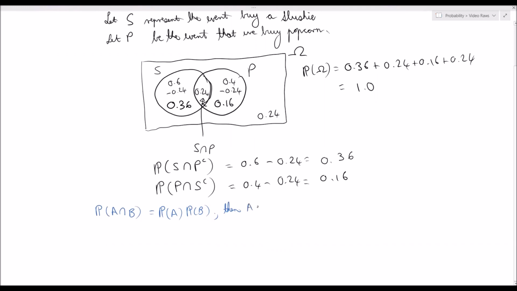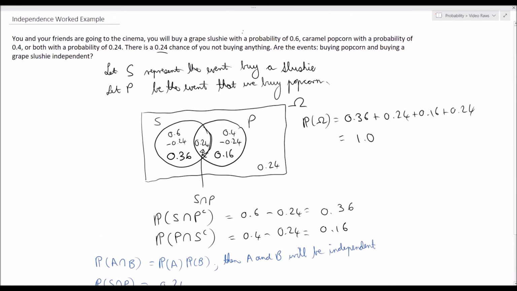Then A and B will be independent. So in our case, we have the event S and the event P. The probability of S intersection with P, the probability that we buy a slushy and popcorn, is equal to 0.24, as we can see from the Venn diagram.